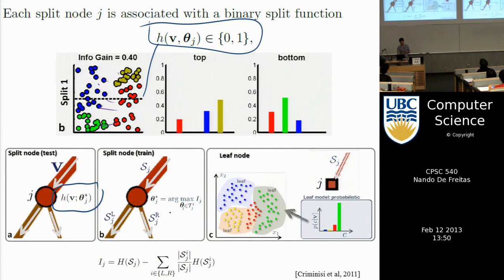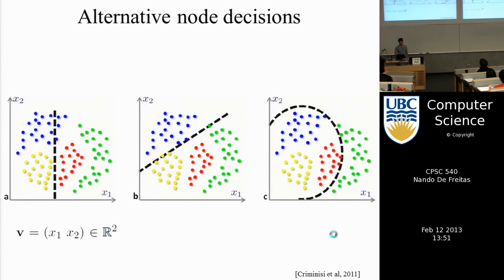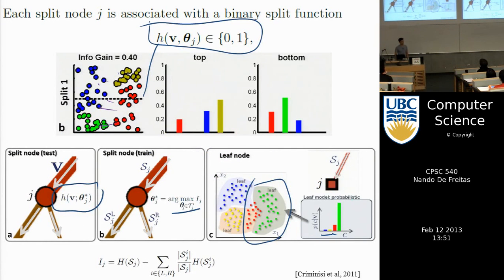The way we make the decision is by maximizing the information gain. And then when you end up at the leaf node with a certain population of greens and blues and so on, like for example for this leaf here, most of the points are green, few points are blue, so we end up with a histogram that looks like this. So that's pretty much a summary of exactly how you do classification.